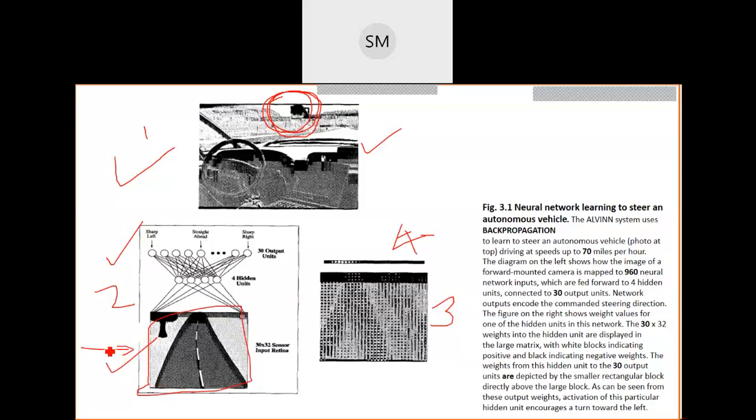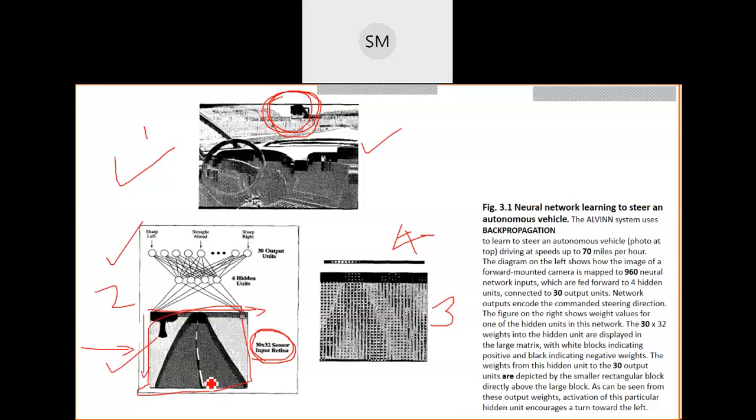It means 30 rows and 32 columns. You can observe here the 30 into 32 sensor input retina. The sensor input retina is nothing but the camera, which is producing the input in the form of 30 into 32 pixels. From here to here there are 32 pixels, and here there are 30 pixels.